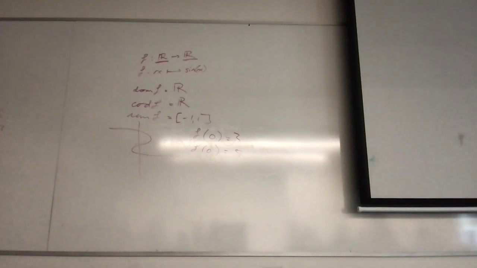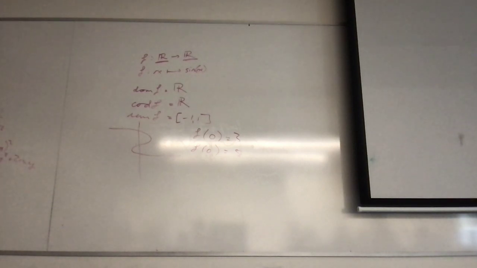Well, if we're asking, is that a linear function or a linear transformation? If I were to say f of x plus y, that's going to be x plus y squared, right? Which equals x squared plus y squared plus 2xy, right?